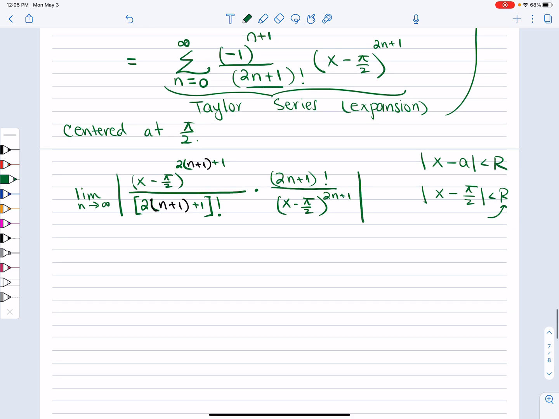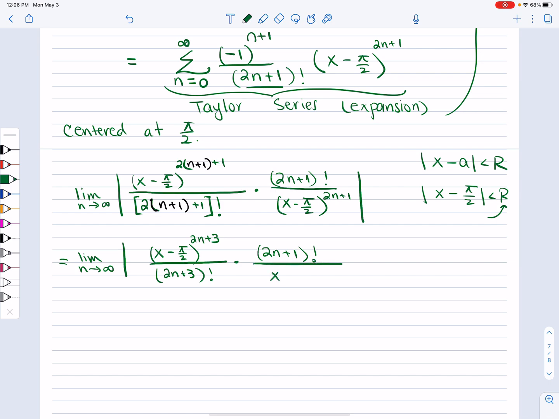Let's simplify this here. We're going to have the limit as n approaches infinity of x minus pi over 2 to the 2n plus 3 over 2n plus 3 factorial times 2n plus 1 factorial over x minus pi over 2 to the 2n plus 1.